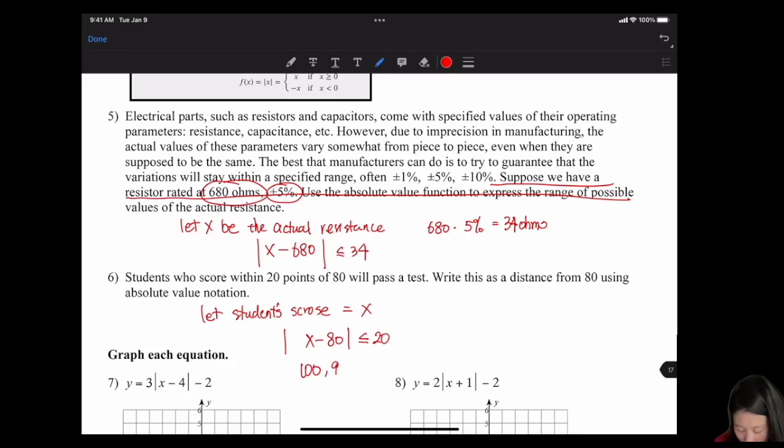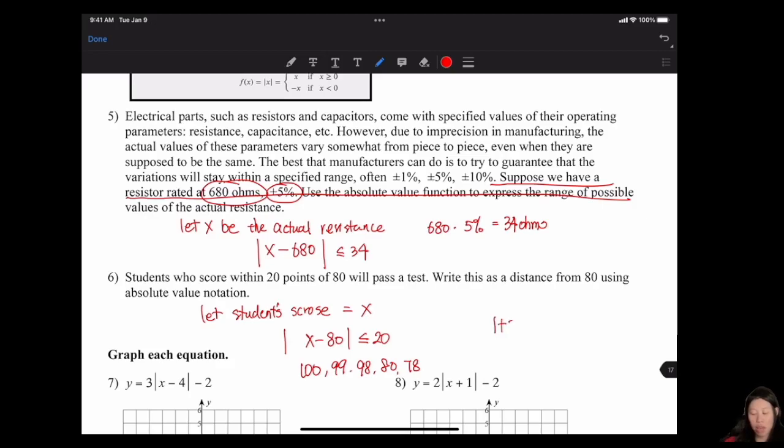Or X can be 99, 98, even 80. When X equals 80, 80 minus 80 is within 20 points difference. But even lower than 80, such as 78, 78 minus 80, which is negative 2, is still within 20. So that means we need to use the absolute value.